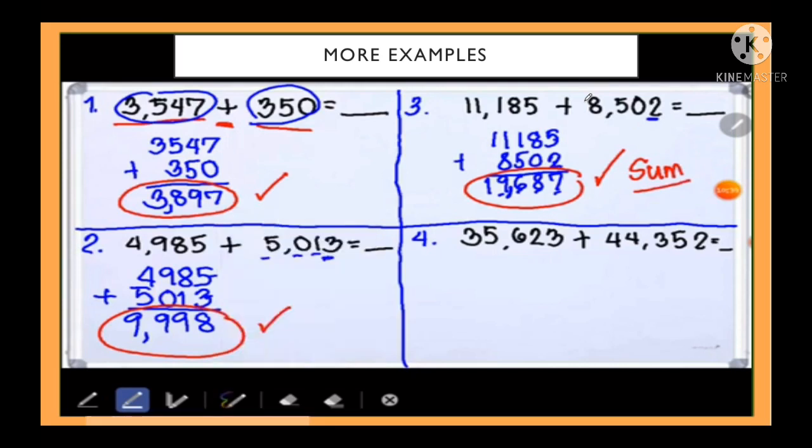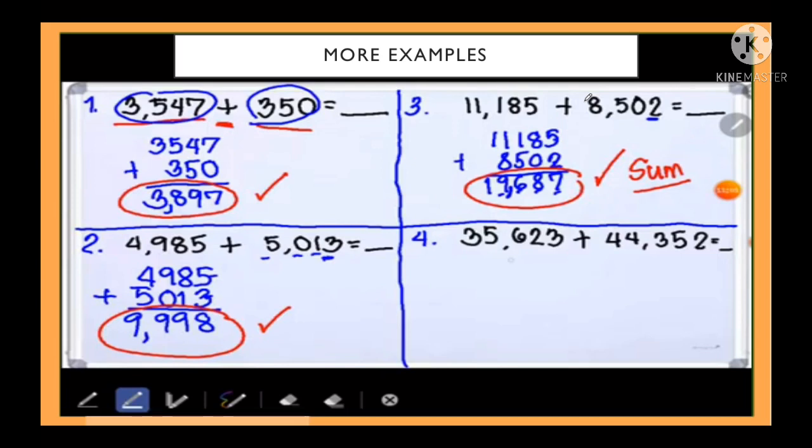Okay, number 4. Let us first read the numbers. The first number is 35,623 plus 44,352. Alright, very good.